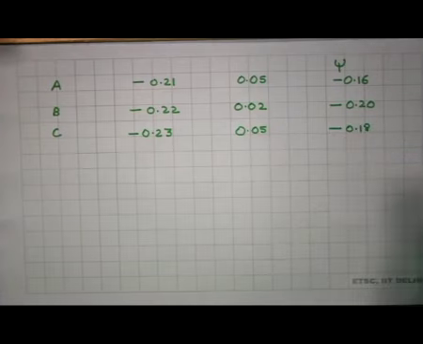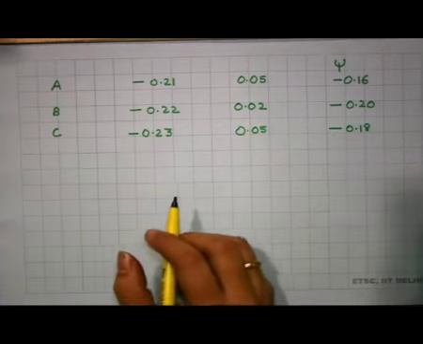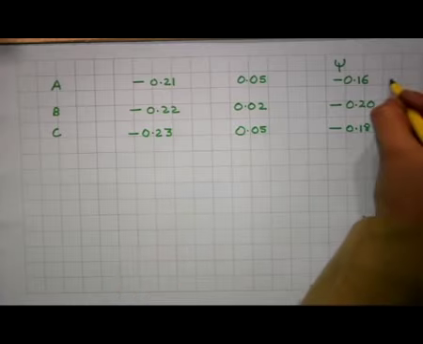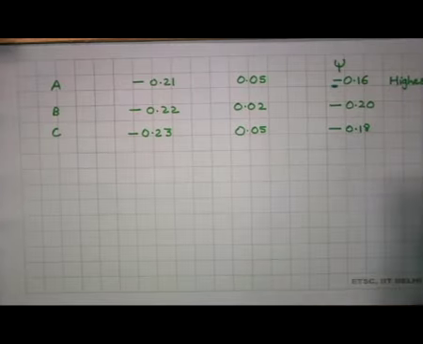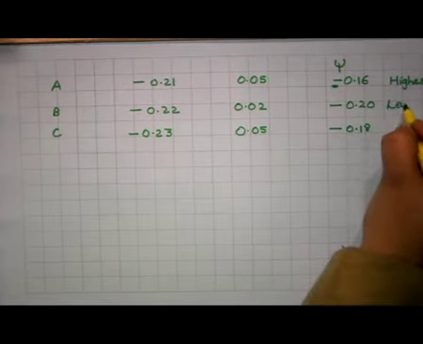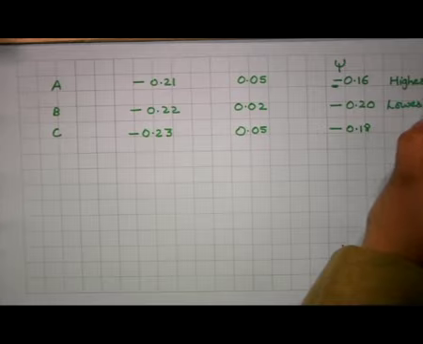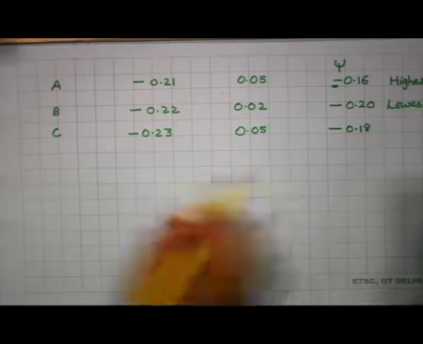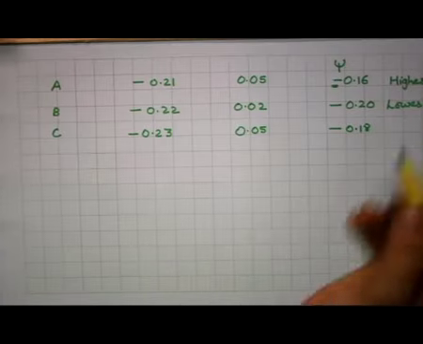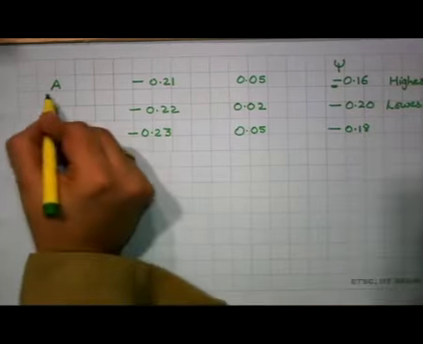So, we can see here that the highest potential is here, right, because of the negative value, and the lowest is here. So, definitely water will move from A.